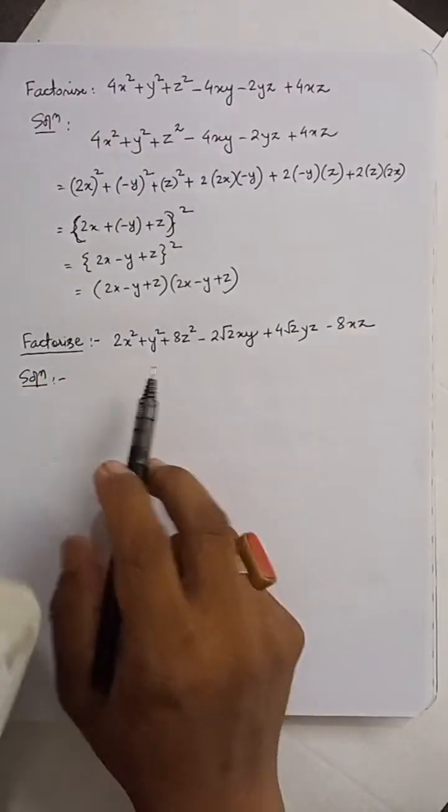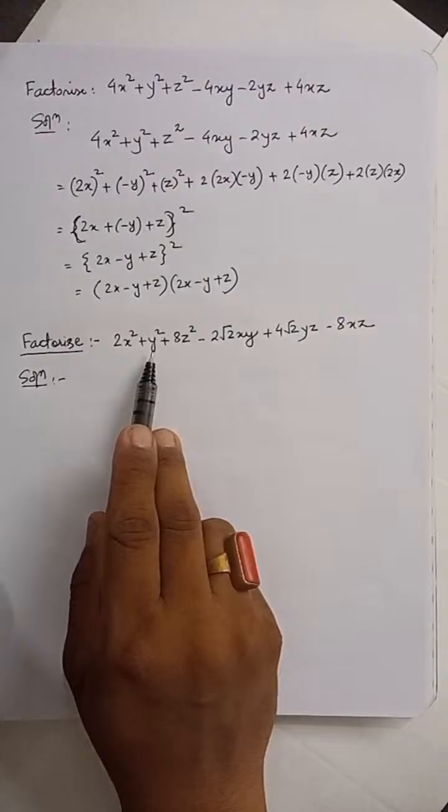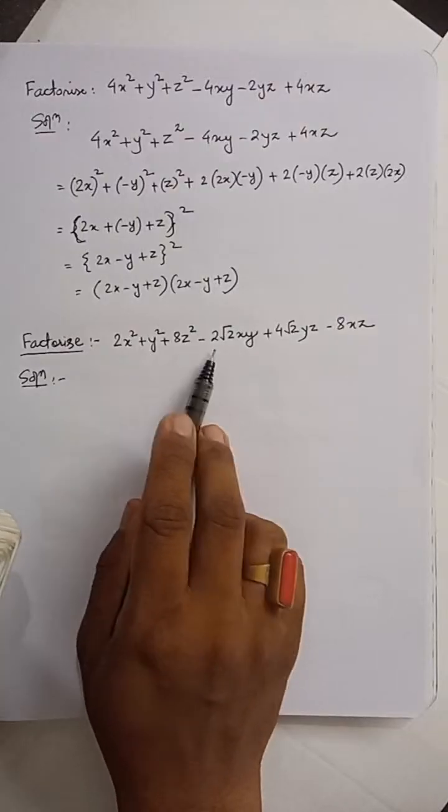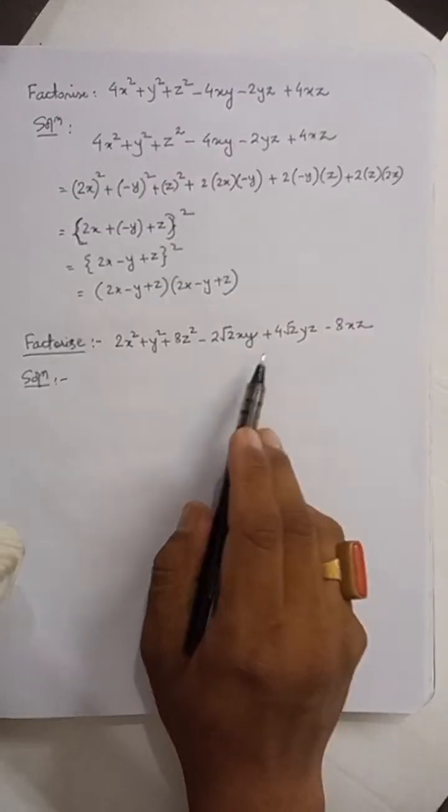Let me just cross check if I have written the question correctly. 2x square plus y square plus 8z square minus 2 root 2xy plus 4 root 2yz minus 8xz.